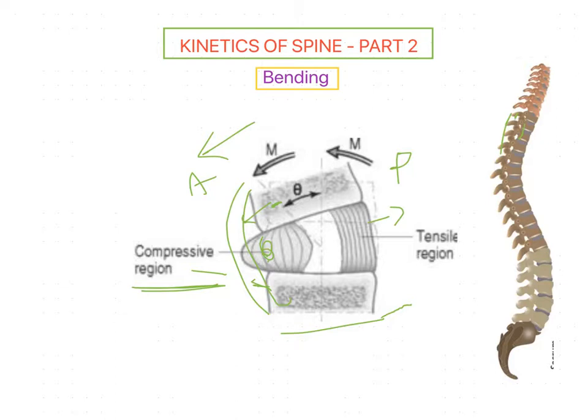All these structures we can call the posterior ligamentous complex, and along with the muscles on the posterior aspect they are subjected to tension. So the posterior region becomes the tensile region.